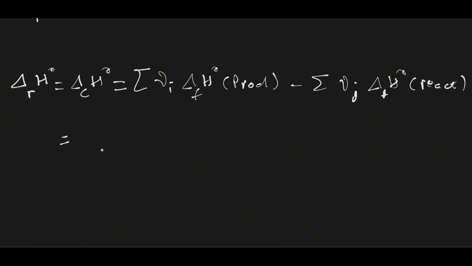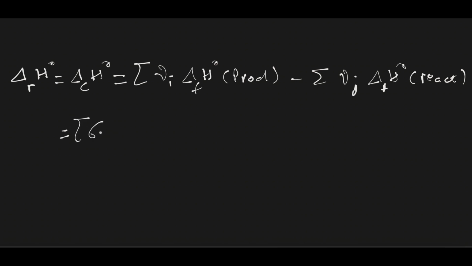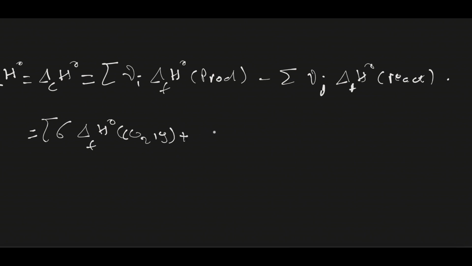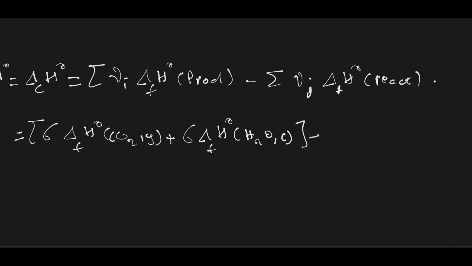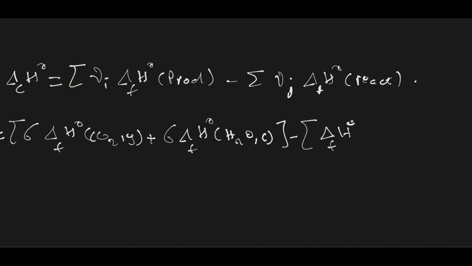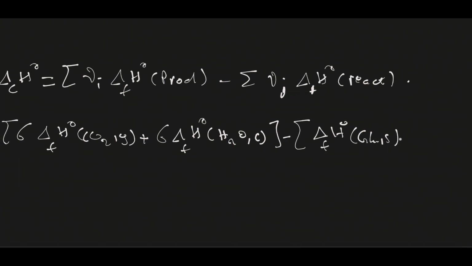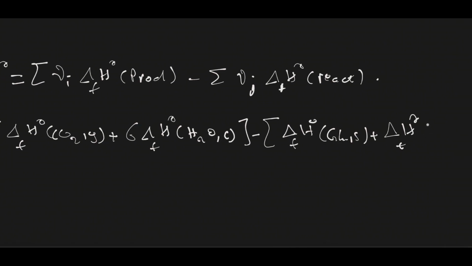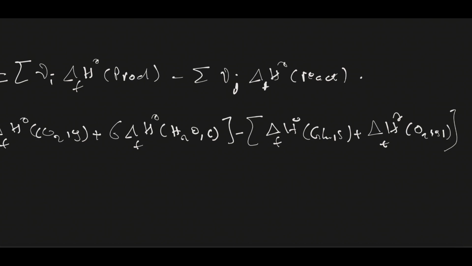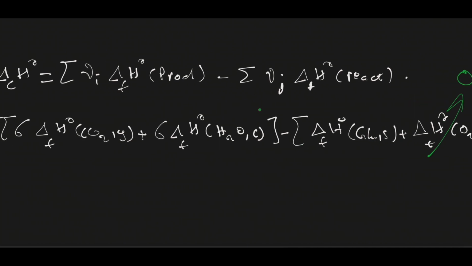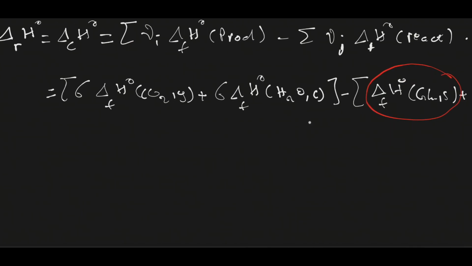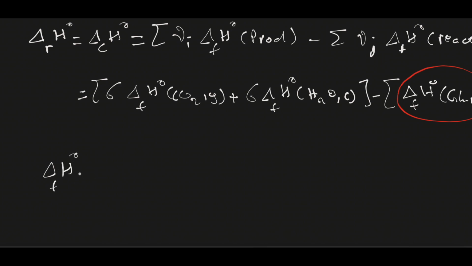And by replacing in this equation, we have the stoichiometric coefficient of carbon dioxide, 6, times the standard enthalpy of formation of CO2 in gaseous state, plus 6 times the standard enthalpy of formation of H2O in liquid state, minus the standard enthalpy of formation of glucose in solid state, plus the standard enthalpy of formation of oxygen gas. But for an element, it is equal to 0. And we have to isolate this enthalpy in this equation. So now the standard enthalpy of formation of glucose is given as follows.